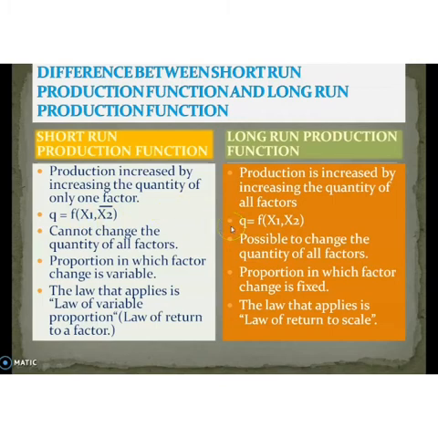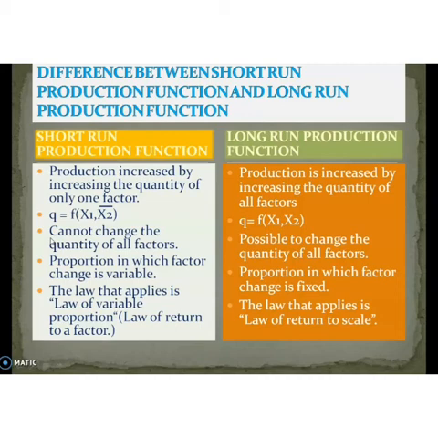Whereas the long-run production function is expressed as Q = f(x1, x2), and both factors or both inputs are variable. Then in the short-run production function, the producer cannot change the quantity of all factors.